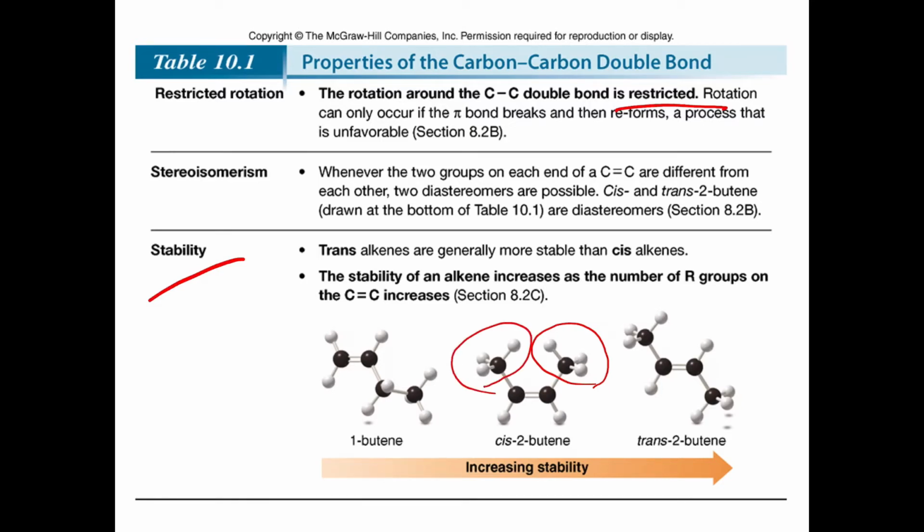These two big groups are next to each other. They repel each other. While in the third structure, they are opposite. There is enough room here and there is enough room here. They are in a relaxed position. No steric effect, no steric hindrance, no crowdedness. So trans is much more stable than cis.